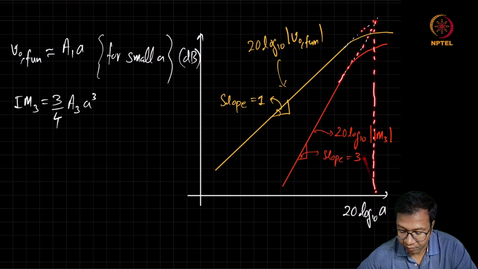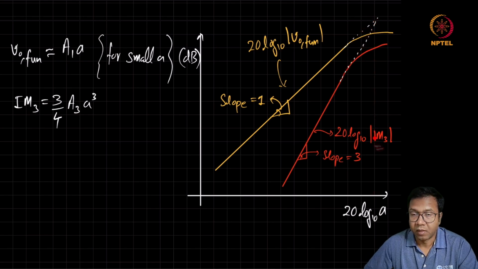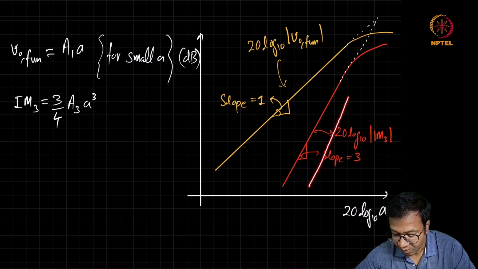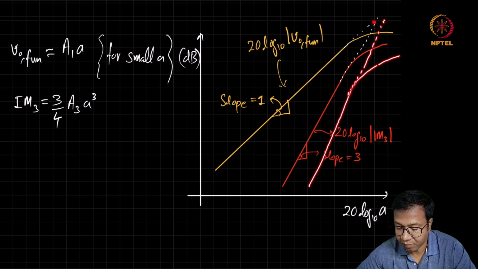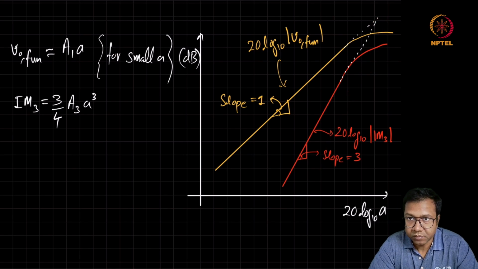So if the IM3 component is lower in a different system, then we will be seeing a plot like this. So even though IM3 may saturate, we'll see that this extrapolated point where the fundamental and IM3 intersect will appear at an even further value of input strength.